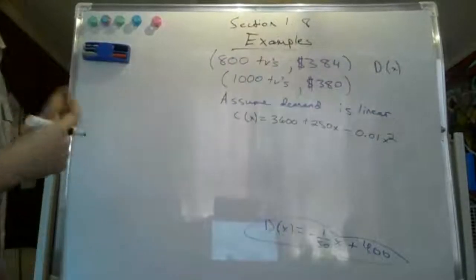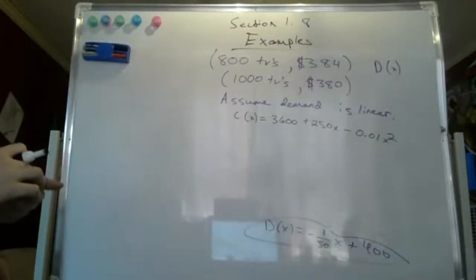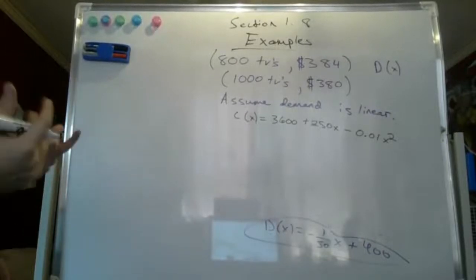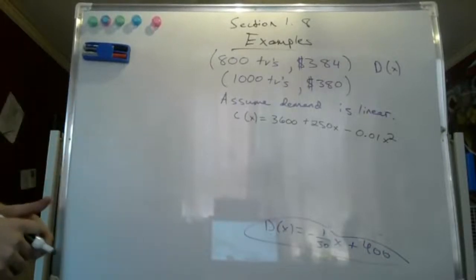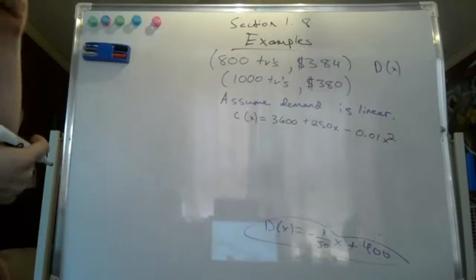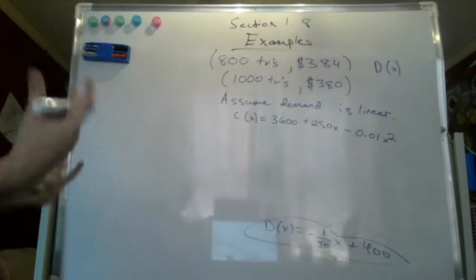So there's our cost. Finally, what is the profit function for this manufacturer of TVs? So now we know what the question is actually asking for. It wants to know what is profit.